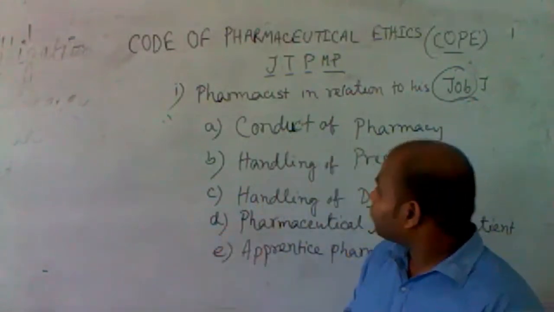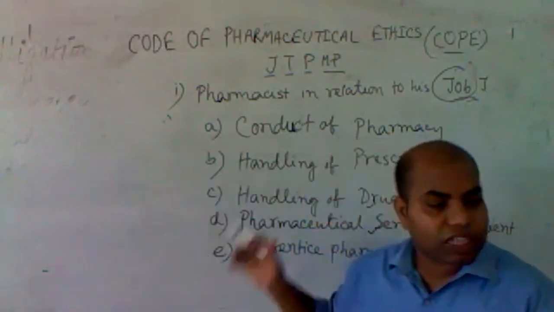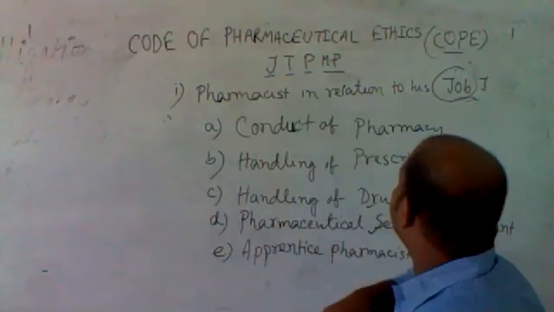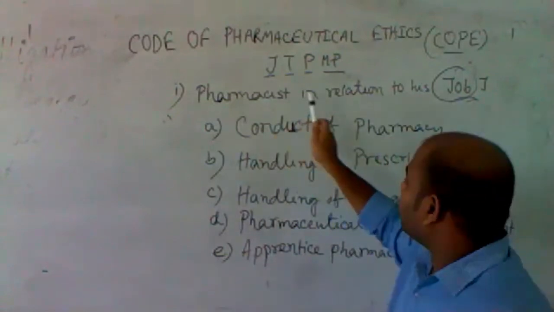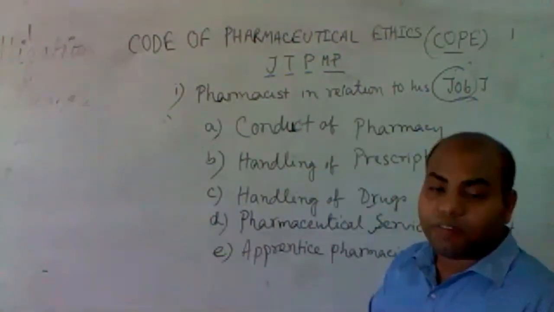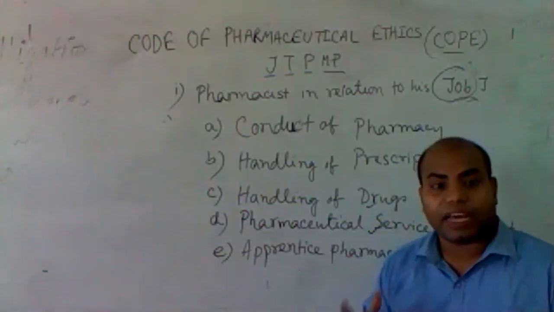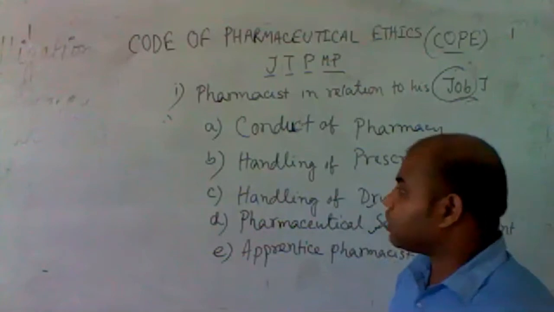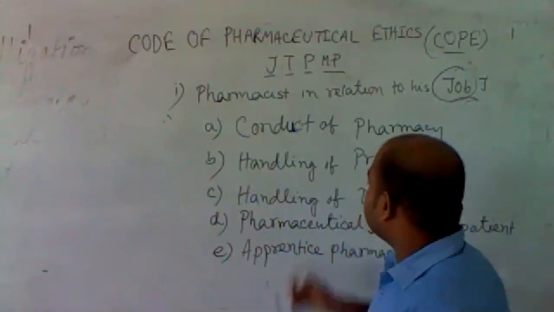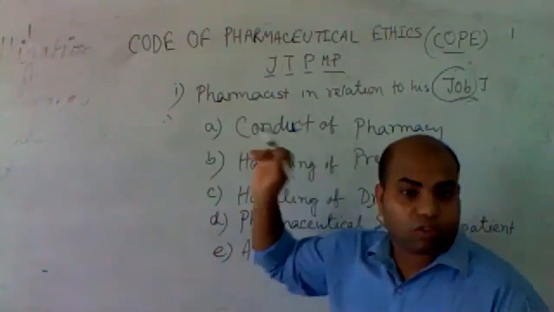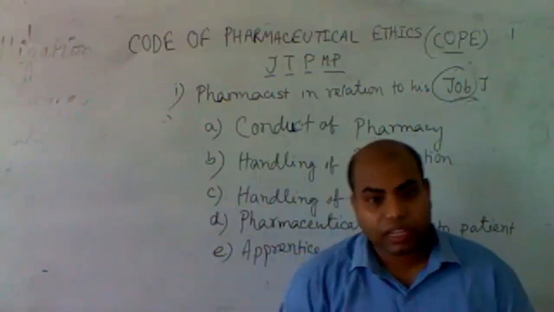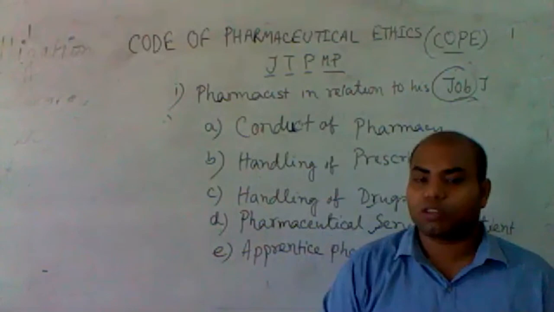Let's recap what we learned in this portion: the code of pharmaceutical ethics, the first point, pharmacist in relation to his job. First is the conduct of pharmacy, that is, good conduct must be maintained in pharmacy, including the handling and storage of drugs.